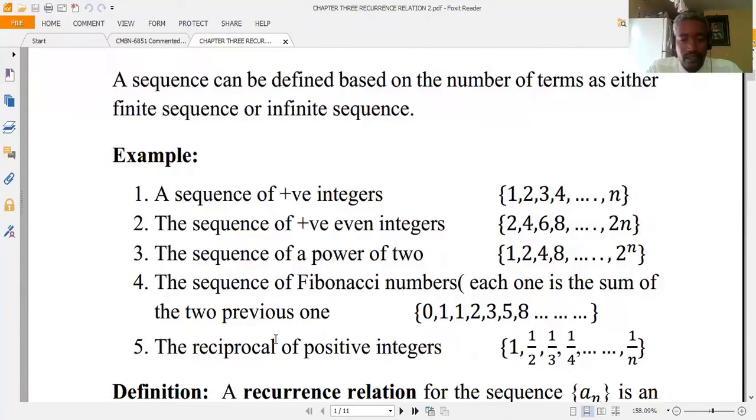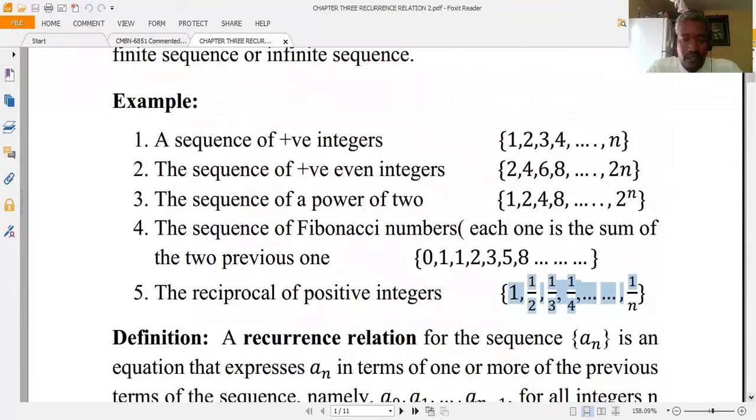And the other one is the reciprocal of positive integers, just like this one. The reciprocal of positive integers is just an example of a sequence.